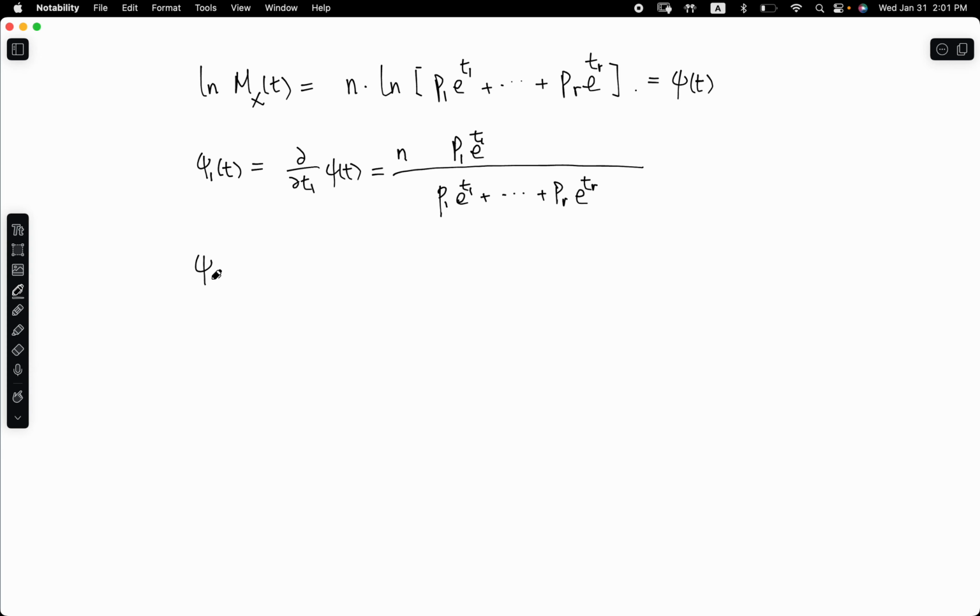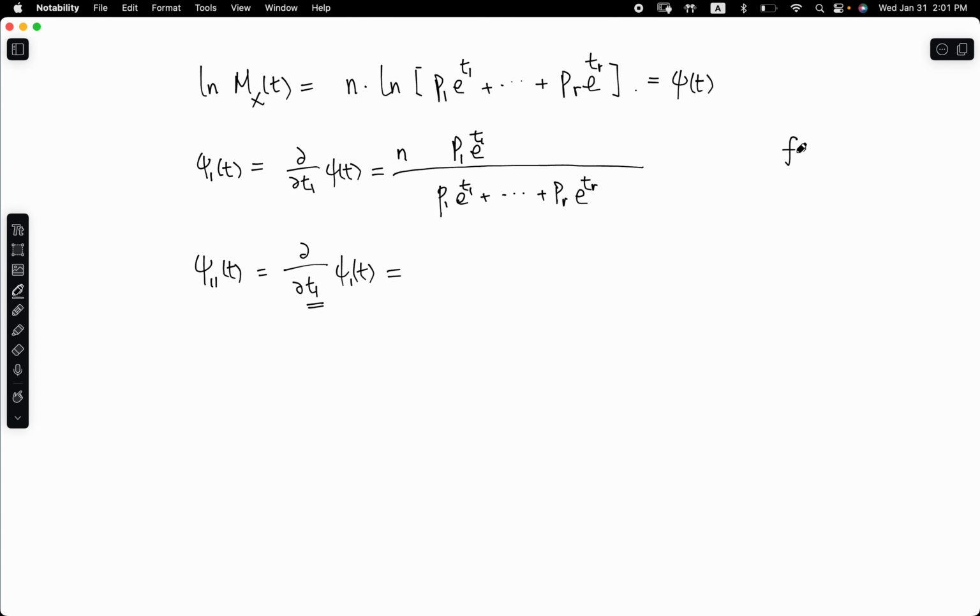We also need a second order derivative to get the variance. So here we just take another derivative from phi 1, also with respect to t1. So here we need to use the quotient rule for the derivative. So let me make a side note here.